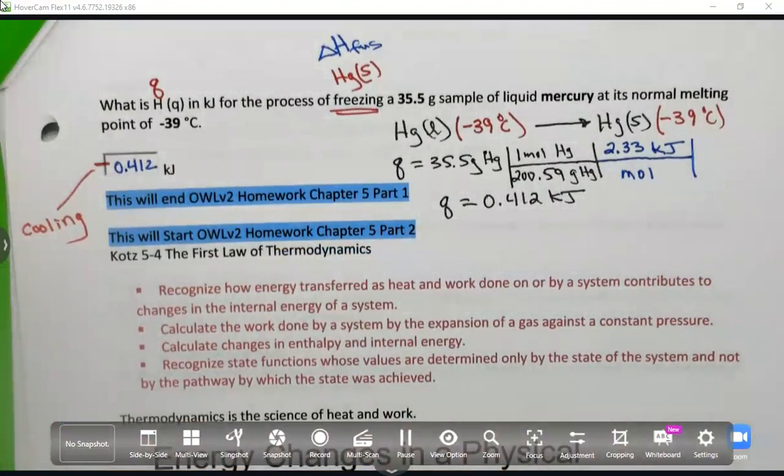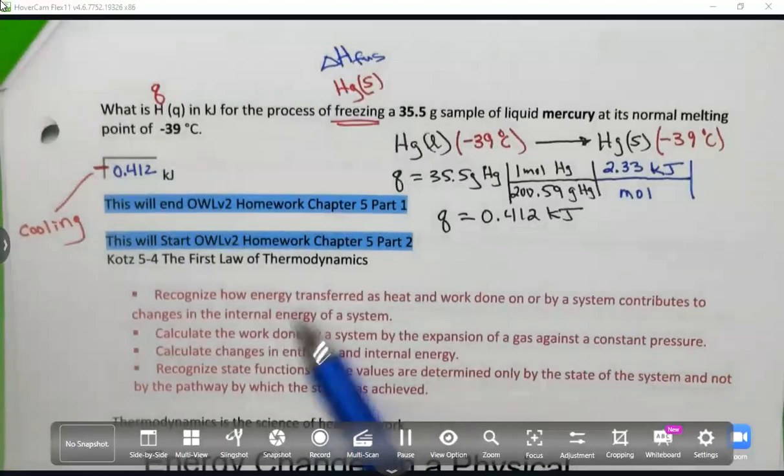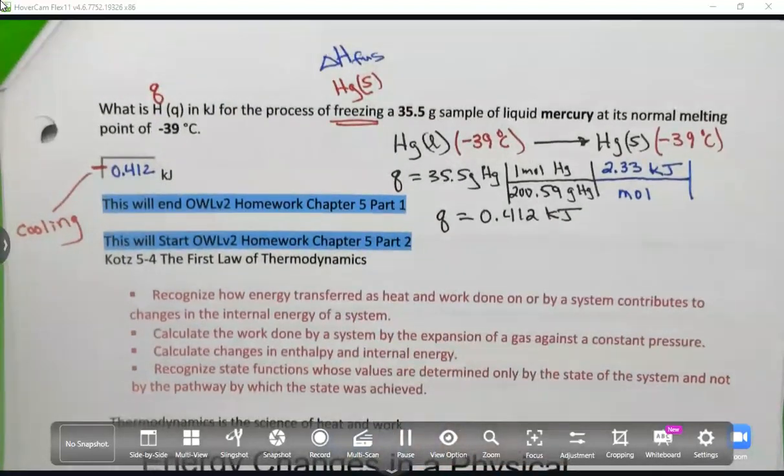Okay. So that's just a type of OWL question. So that gets us through chapter 5, part 1 for sure. Hopefully you've been poking around in there. Okay. All right, let's start then chapter 5, part 2.